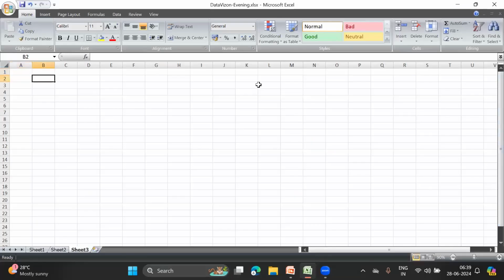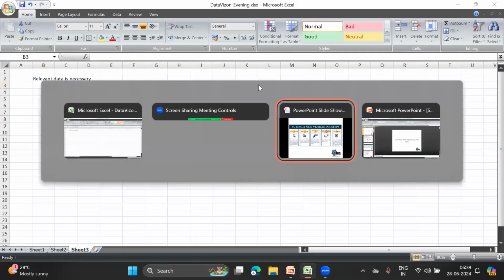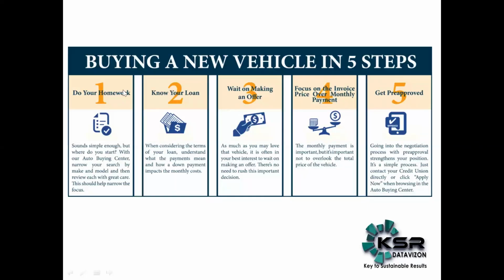Similarly, the relevant data is necessary, right? Then once you have the necessary data with you, you will look at the different options that are available before making any choice, right?